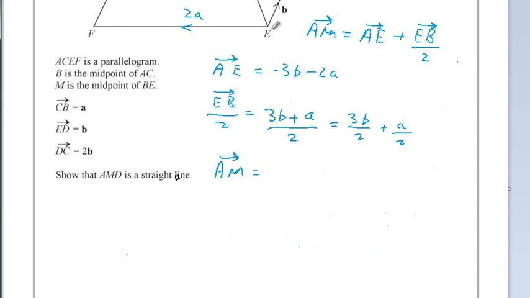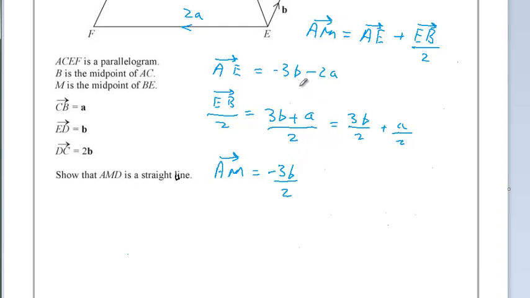So that makes A to M equal to minus 3b plus the 3b over 2, which will be, so it's minus 3 plus 1.5, so that's going to be minus 3b over 2.